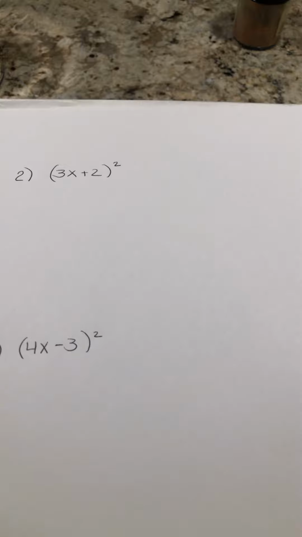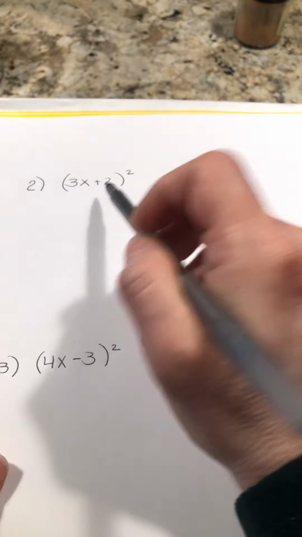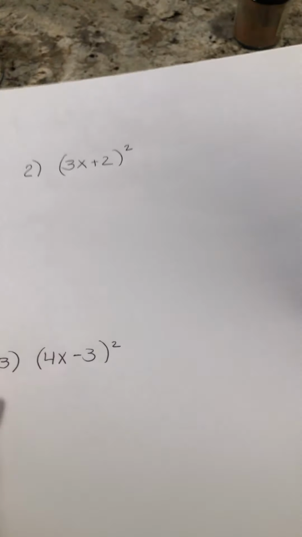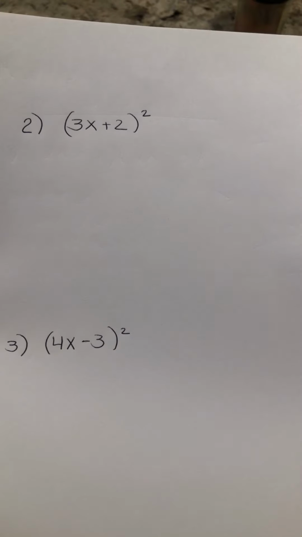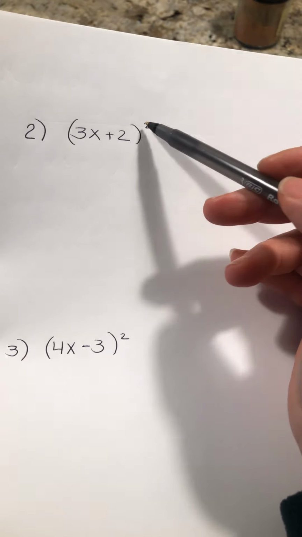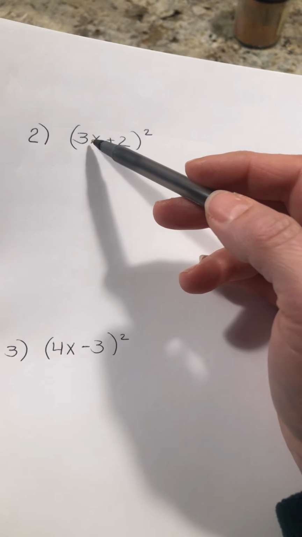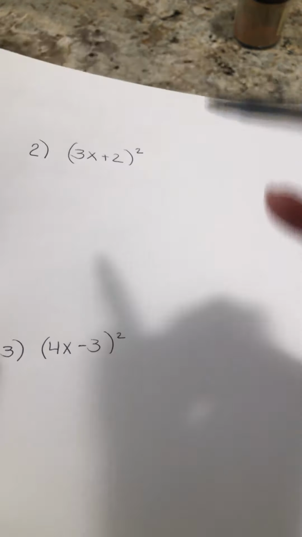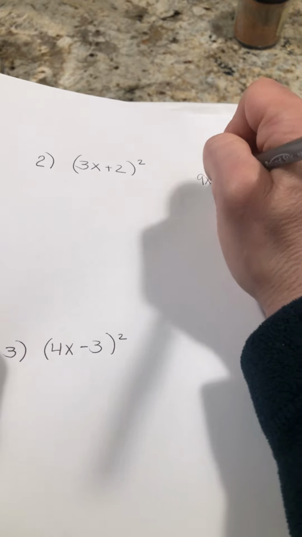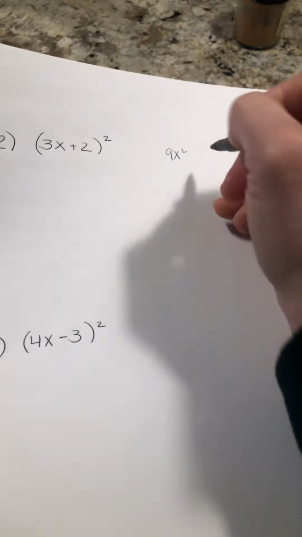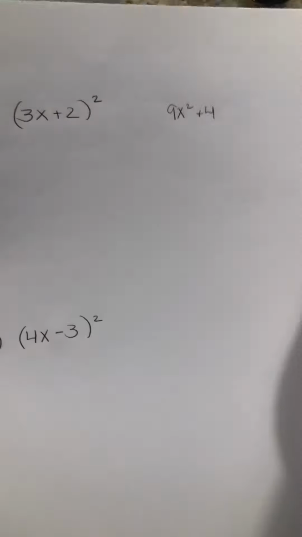So now let's take a look at the next special case we're going to see. In example number 2, we have 3x plus 2 quantity squared. Now, you might be tempted to say, all right, well, 3x squared is 9x squared, and 2 squared is 4, and so that would be my answer.